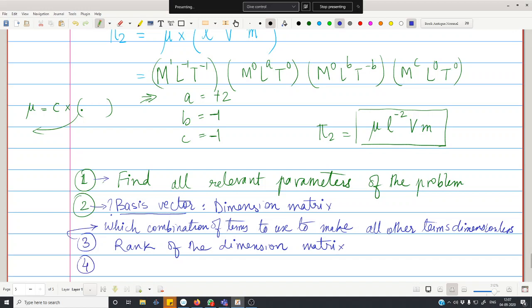After that, what should we do? If the total number of terms is equal to n and the rank of the matrix is R, how many dimensionless terms can we write? N minus R. Exactly.